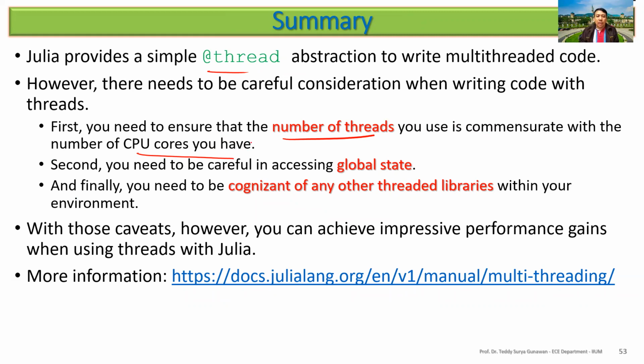We also need to be careful in accessing global state or global variables, meaning the ones that are shared among the threads, to avoid data races. Finally, we don't want oversubscription. If a function already uses multiple threads, for example, and you are creating another layer of threads, then performance will be slower.